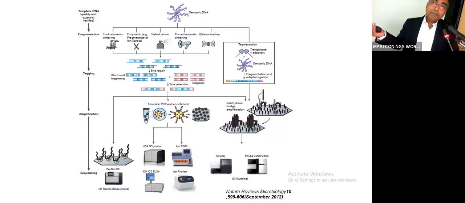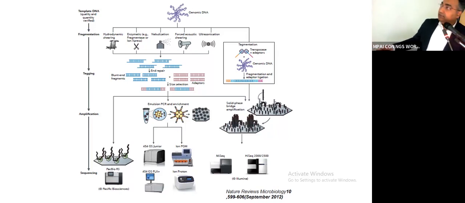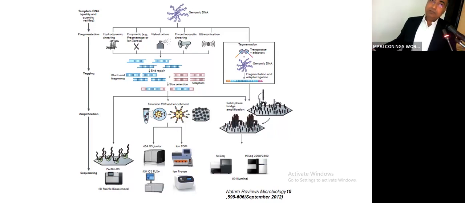This could be by emulsion PCR in Thermo, or bridge amplification in Illumina. Then you sequence, you get the data and you analyze it. But this workflow remains the same: DNA, fragmentation, tagging with adapters, amplification, then sequencing, and your data is out.